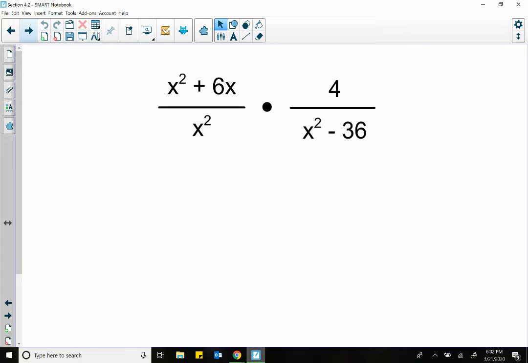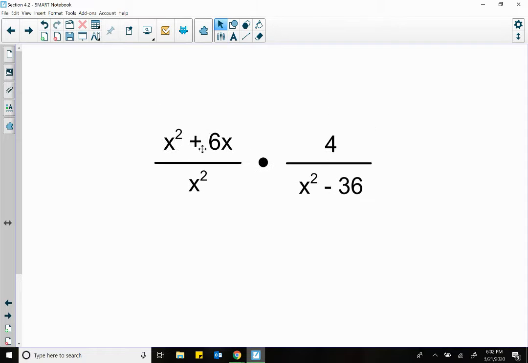So here we go. We've got this problem. The first things first that we need to do is we need to make sure that everybody gets factored. When I look at this numerator right here, I have a GCF I can pull out of there, which is an x. And if I pull that x out, I'm going to get x plus 6 left.